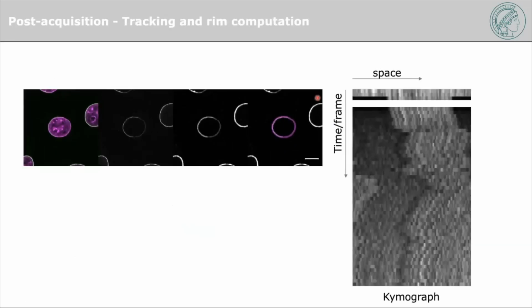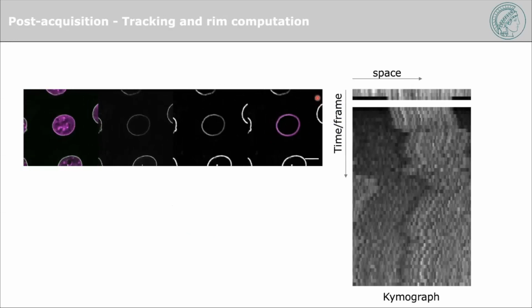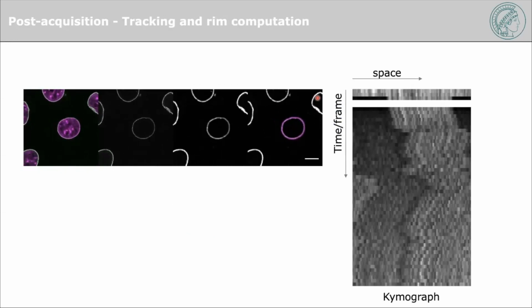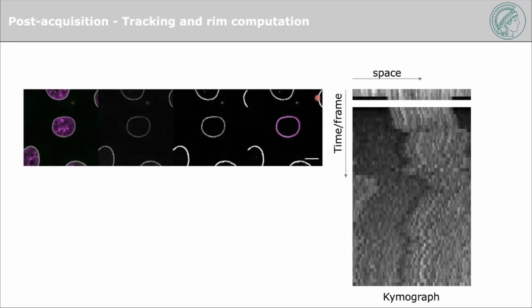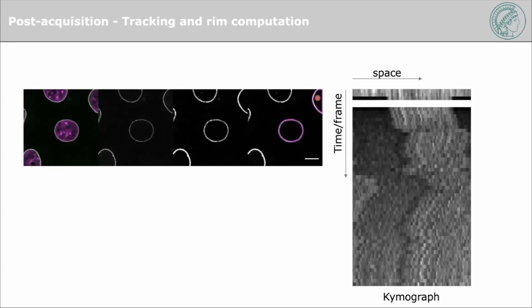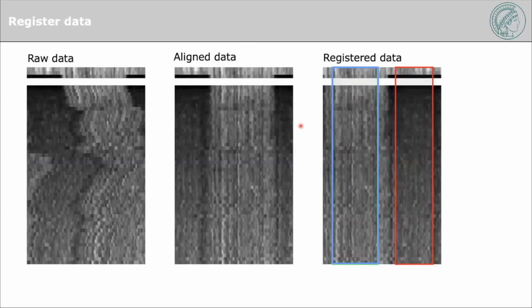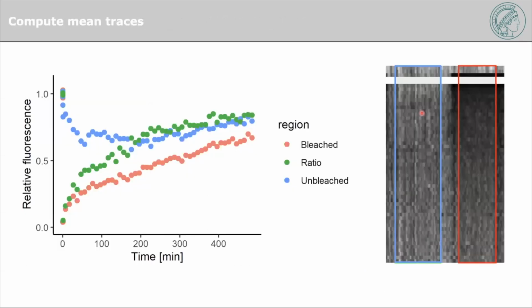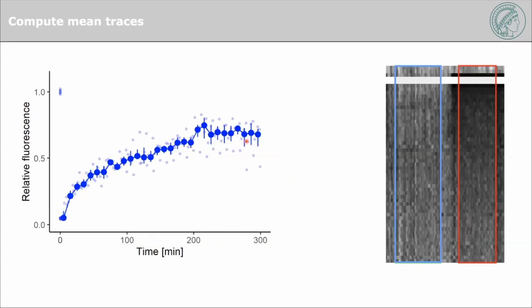With this, we had to combine all the post-acquisition analysis, because having this data is pretty useless if you cannot analyze it. It involves extracting a cell mask and tracking it around the cells, aligning the masks and finding the regions that correspond to the unbleached and bleached regions. With this, we were able to automatically extract traces for every one of these experiments, and compute them for many cells and now for many different cell types.